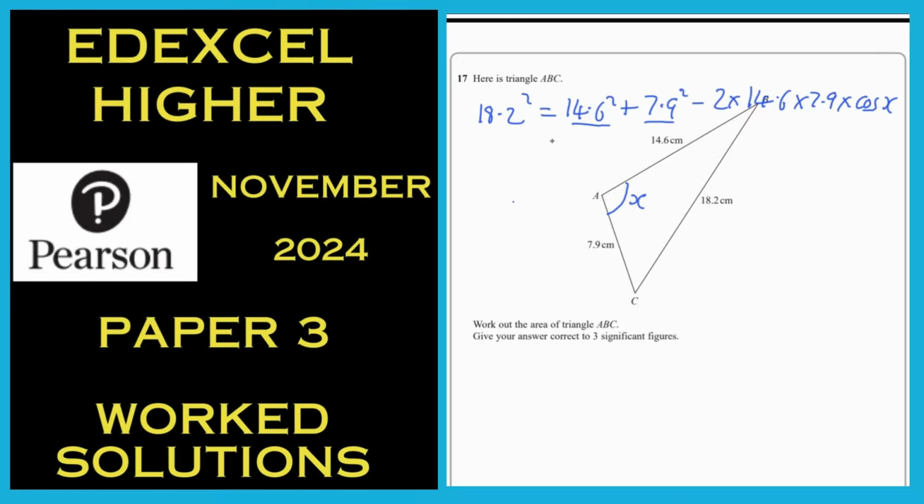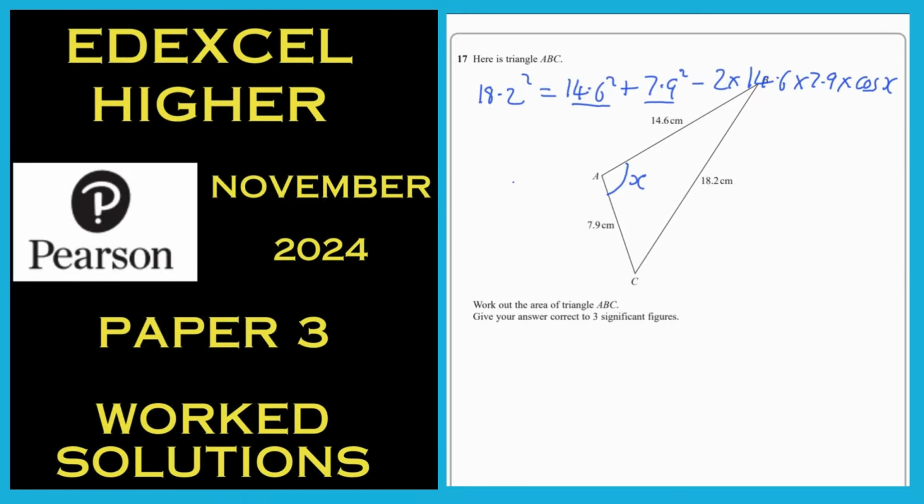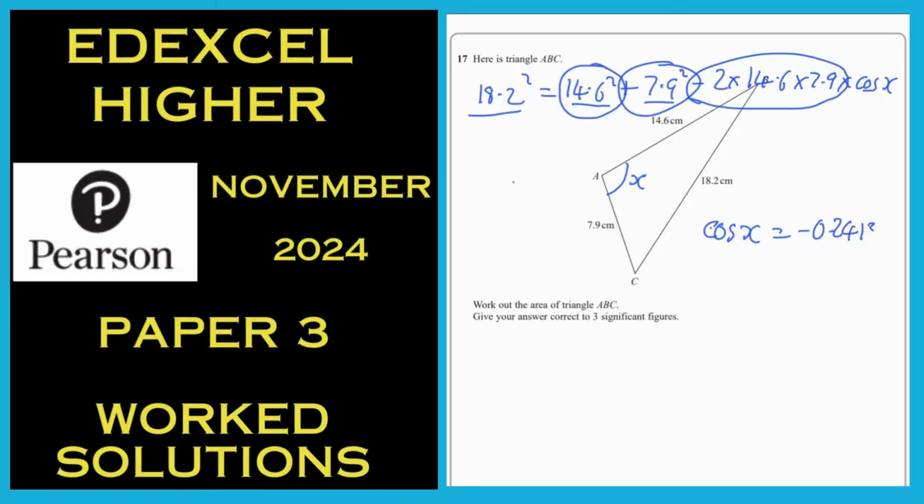However you choose to rearrange that is entirely up to you. I just get my calc to do it and do opposites. Start with 18.2 squared. I would subtract that, divide by all that. Hit equals, hopefully you get minus 0.2413-ish. If you don't, double check it, but insert some brackets if you don't get that.